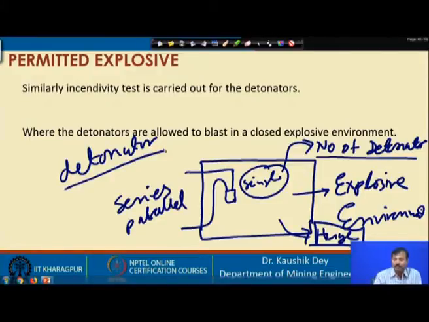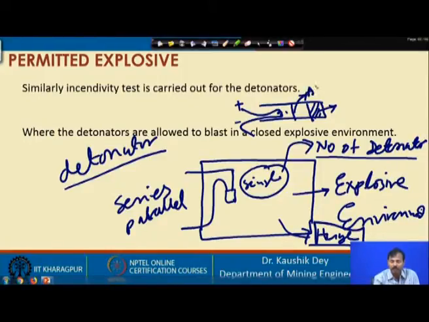Generally, what happens in a detonator is that the base charge is PETN, and the electrical flux gives a flame to the primary charge, which is nothing but the azides and styphnate. So, this base charge, which is initiated, may ignite the explosive environment, the methane air mixture or something like that.